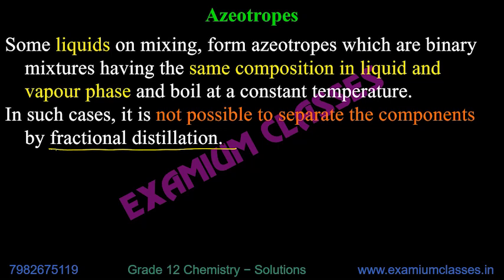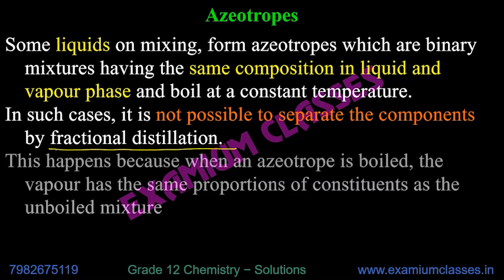And fractional distillation is used when the difference in boiling point is around 20, 25 degrees Celsius. So for a very small difference between the boiling points, we use fractional distillation. Otherwise, for a large difference in boiling points, we can use just distillation. In this case, we can't use even fractional distillation.